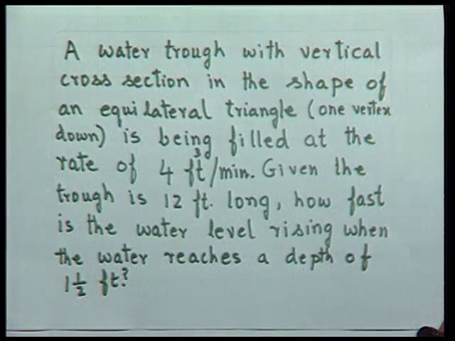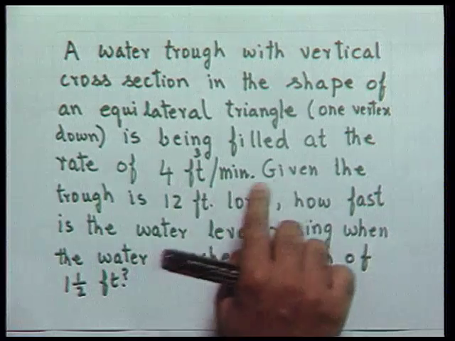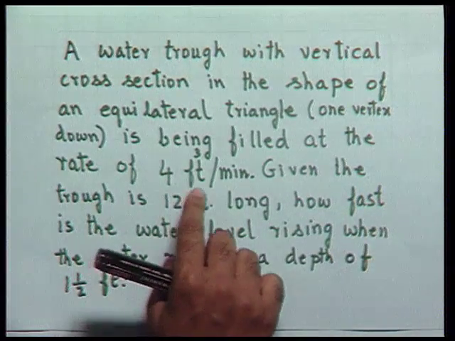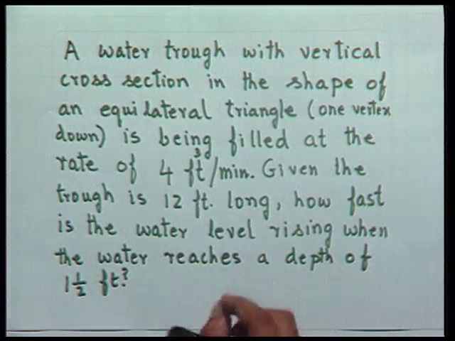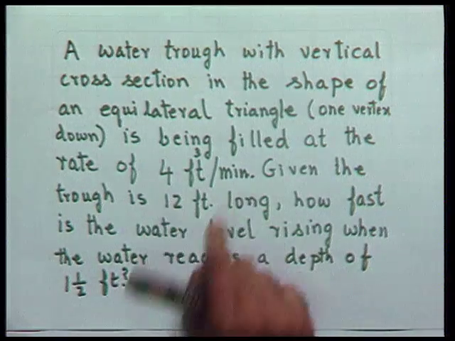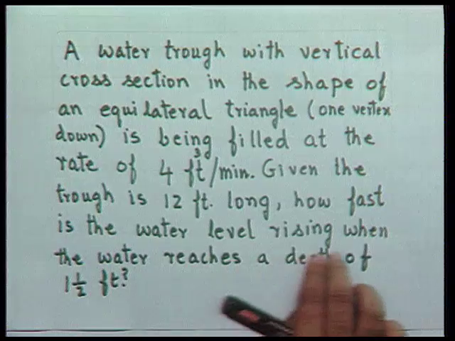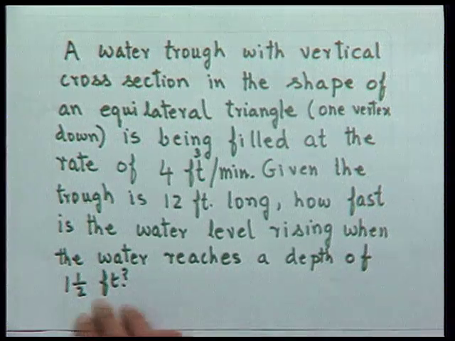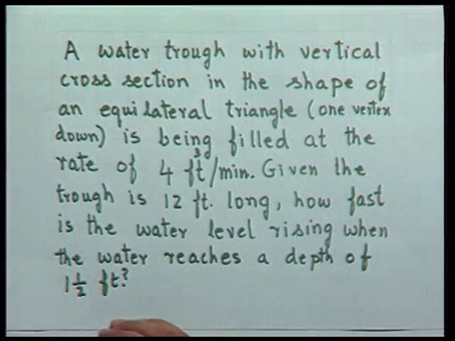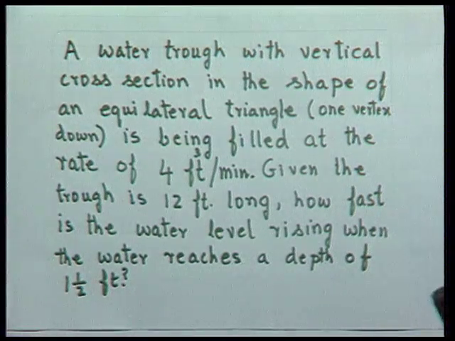So, we are told that this trough is filled at the rate of 4 feet cube per minute. So, the volume of the water increases at this rate. We need to just find how fast the water level rises.